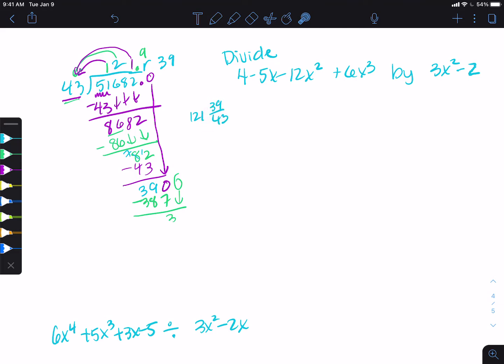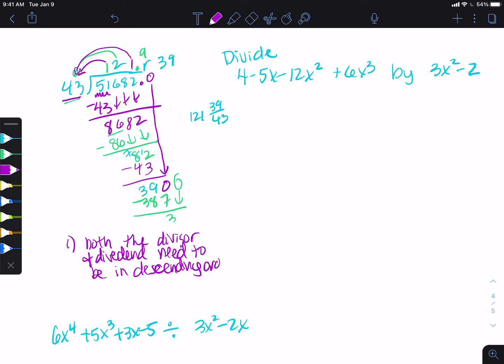Now, our process is very, very similar. So when we have our long division with polynomials, there's a couple things that you need to do. First of all, both the divisor, the thing you're dividing by, and the dividend need to be in descending order, or standard form.